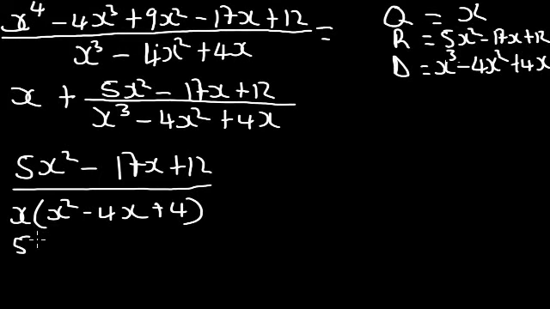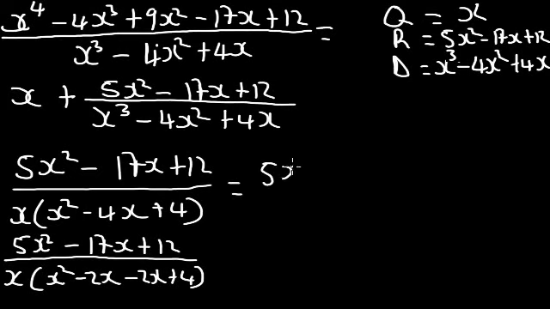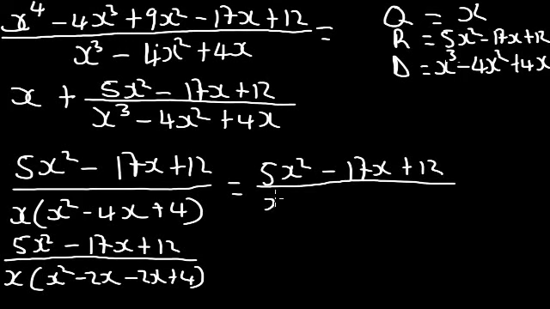It should become 5x squared minus 17x plus 12, all divided by x in the bracket of x squared minus 2x plus 4. So this trinomial is actually a perfect square. Then we can have it as 5x squared minus 17x plus 12, then divided by x in the bracket of, taking x out, that would be x in the bracket of x minus 2.